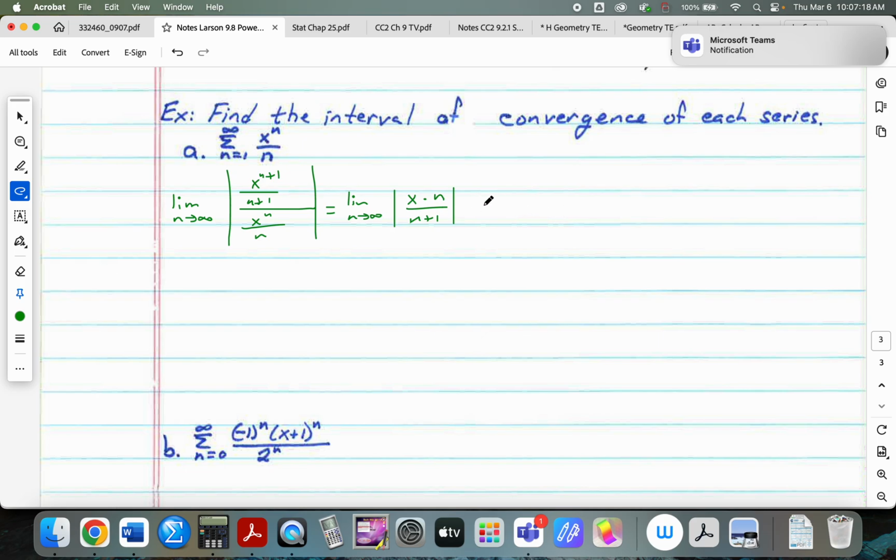So as n goes to infinity, that's just going to be the absolute value of x. And we want that to be less than 1.